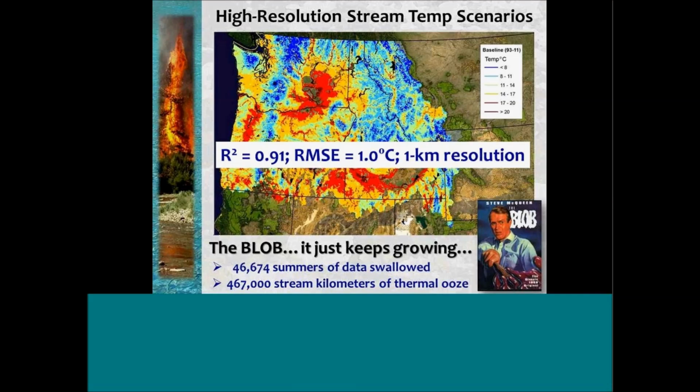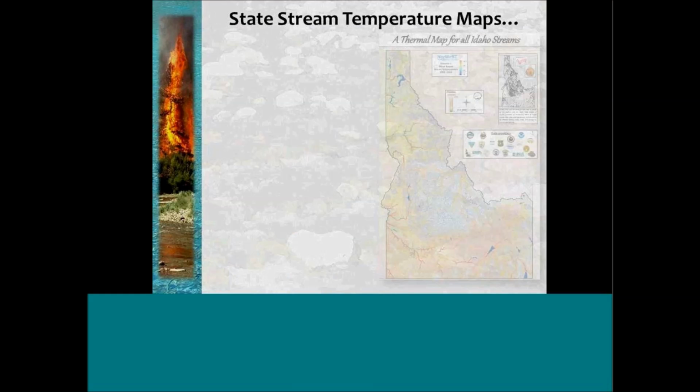And so the other nice thing about this is that the model is very accurate over that huge amount of data and spatial network. We're accounting for more than 90% of the variation in August mean temperatures, with an average prediction error of about a degree centigrade, and we're making predictions at a 1 kilometer resolution along all streams within that regional river network.